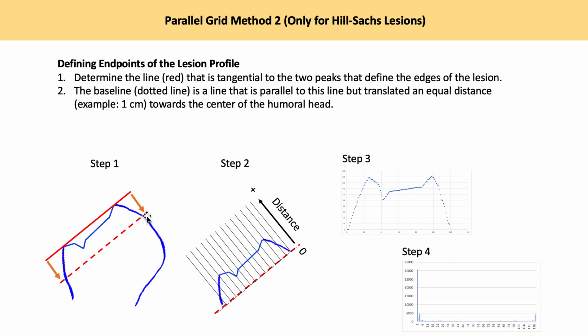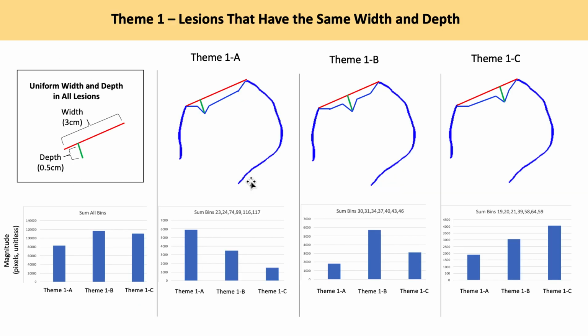And that new line, which still has to be parallel to the original line, serves as the baseline of the parallel grid system, which we have previously discussed, as you can see in step 3 and step 4, resulting in the frequency plot that represents the original shape. This method allowed us to quantify precisely these 3 shapes.